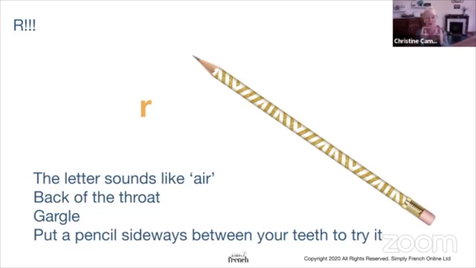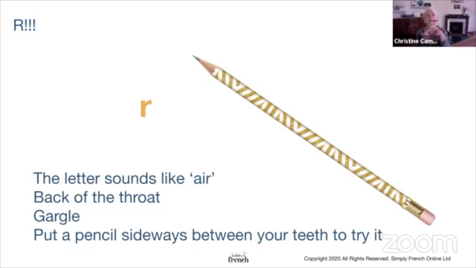Put a pencil or a pen sideways between your teeth to try it. So in English, we try it at the front of the mouth and we say r, r. And that's fine. If you say a word like robinet, you'll be understood. It's not a big deal. However, some of us try to sound French, and this will help.